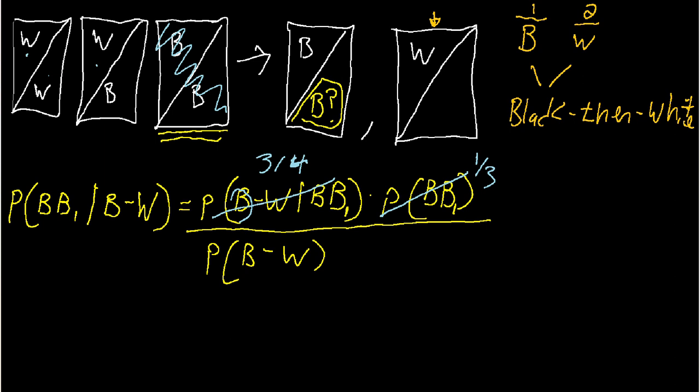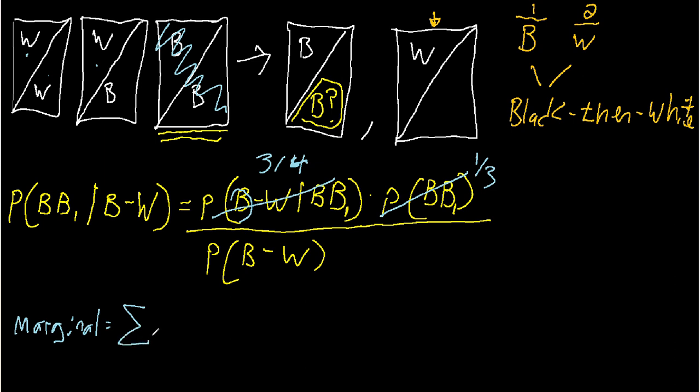Finally, we need to come up with the likelihood, and this is going to be a bit of a mess. This is where the difficulty of the problem comes. We need to figure out all of the ways that we could observe black, white. If you remember from a couple of videos ago, we found a way of finding the marginal by taking a weighted average, weighting all of the priors and all of the likelihoods.